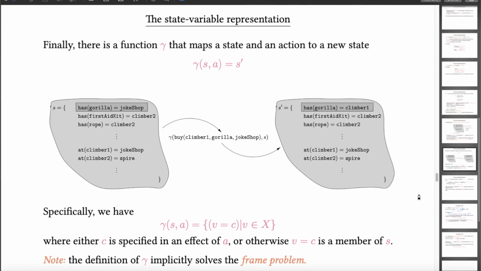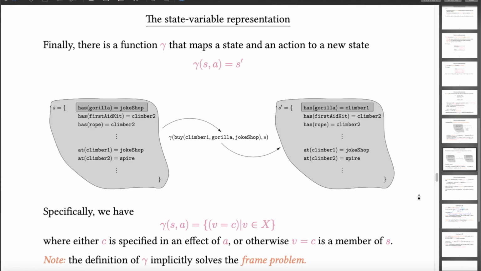What we're saying here is that within the state at time t, the one on the left, we're going to let has gorilla, has first aid kit, has rope, and so on correspond to variables within the CSP. And the domains for those variables contain all of the possible values that those state vectors can take.